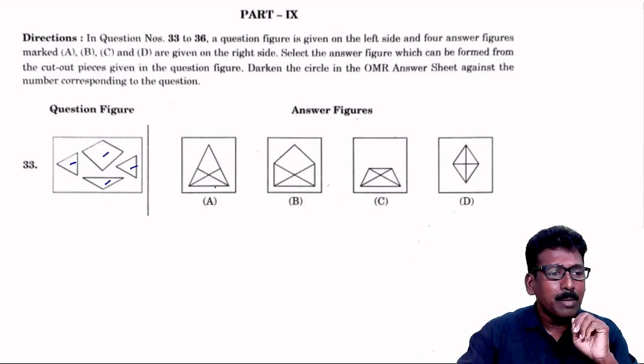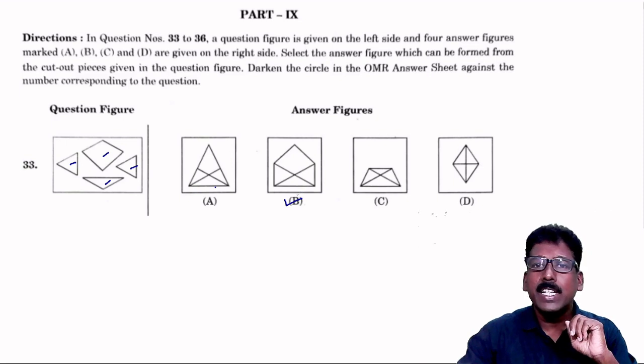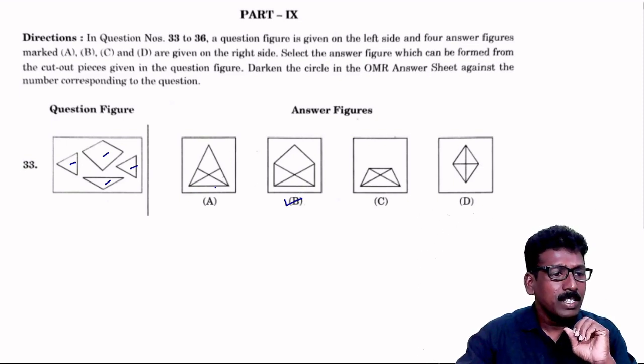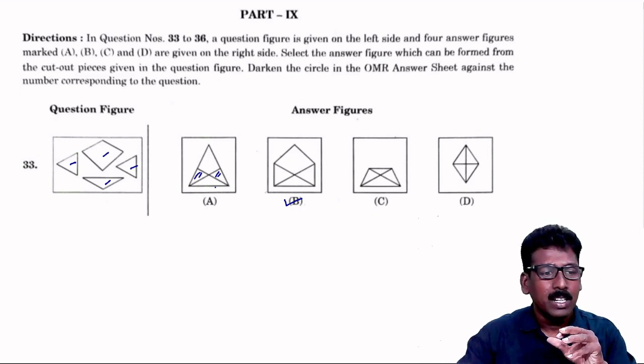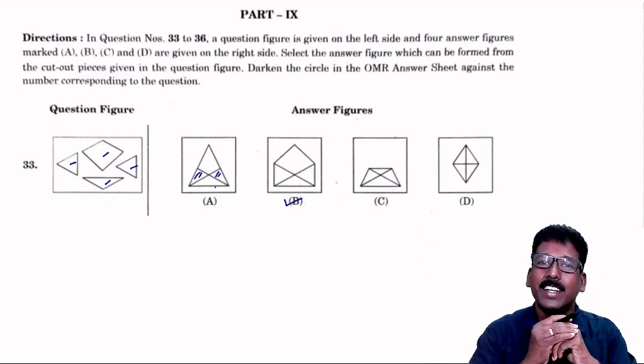Here A and B have all these components or cutout pieces, but B is more accurate. You see here these two triangles do not look like equilateral, and yes, B is the correct answer.